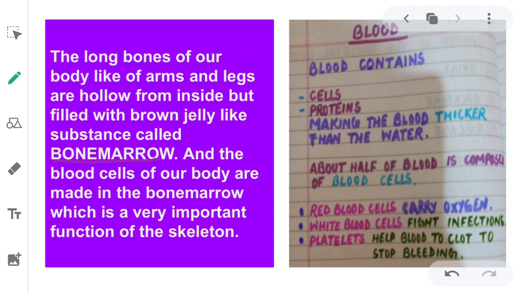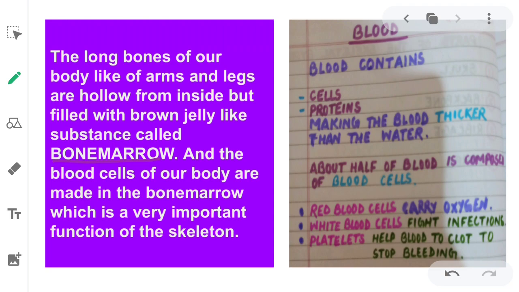And the blood cells of our body are made in this bone marrow, which is a very important function of the skeleton, and blood cells are very important for our body. I'll give you a little information about the blood. As you can see, I have noted down the points over here.